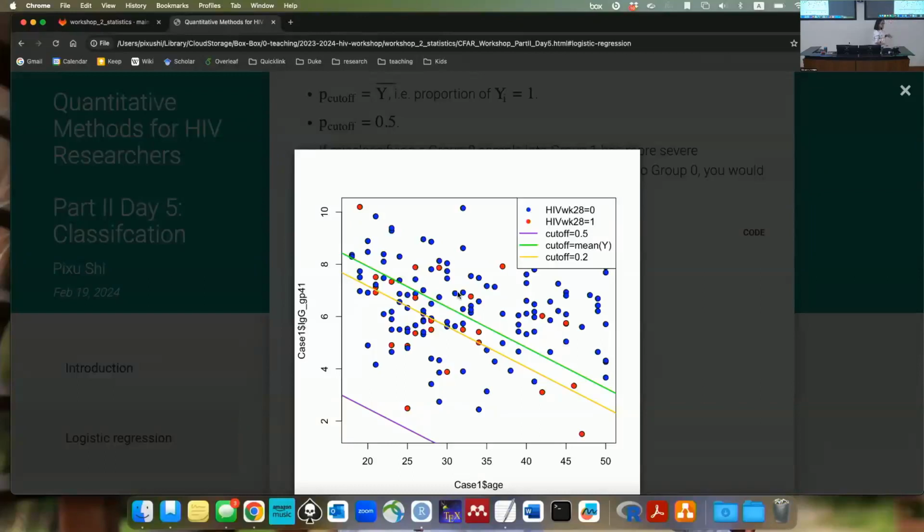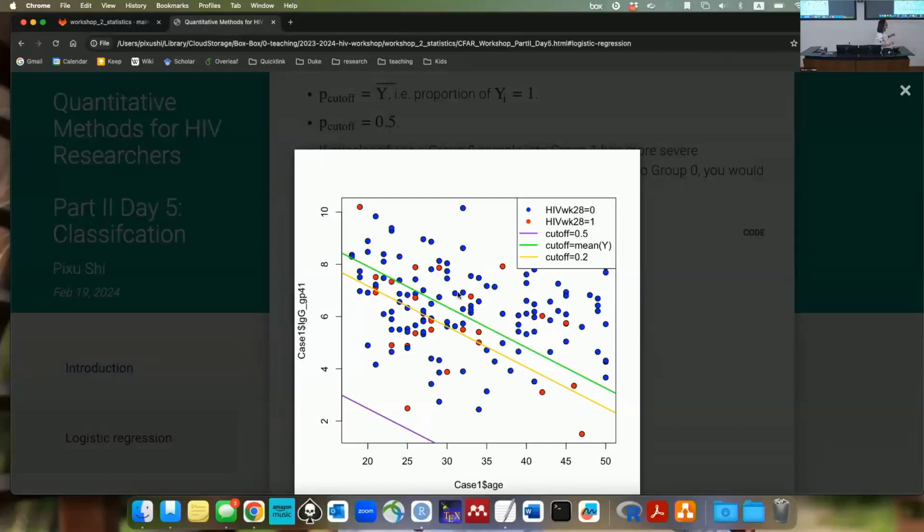So your logistic regression will predict almost everyone with a low probability of getting infected. So if everyone's probability is below 0.5 and you draw the 0.5 line here, then you're basically classifying everyone as uninfected. If you choose the cutoff value as the proportion of infected, so that's the green line here.